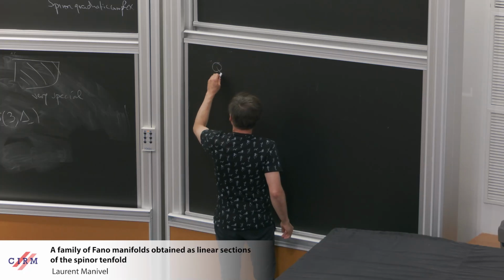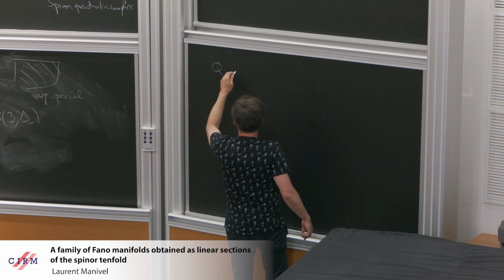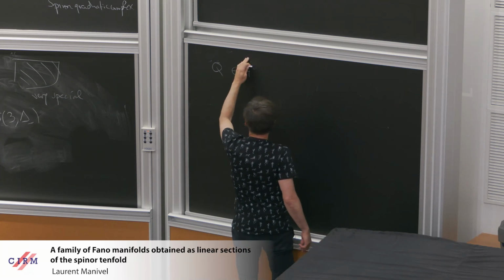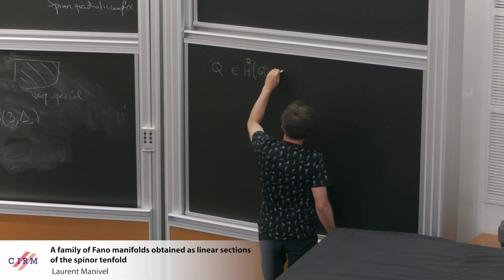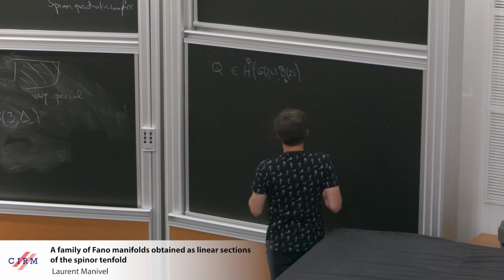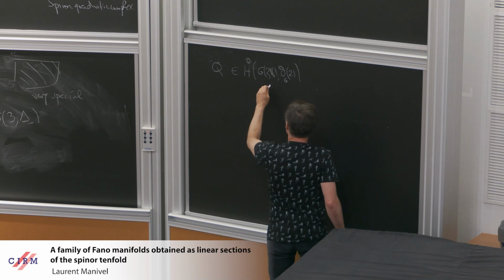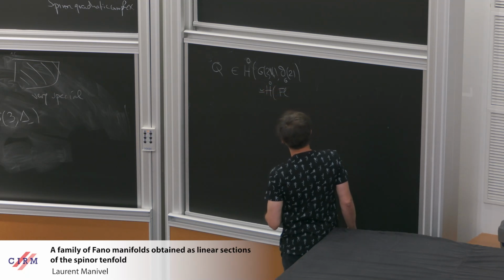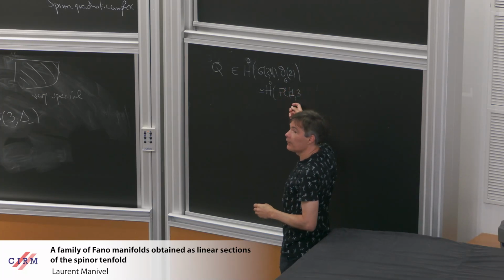If you look at Q, so that's a slight abuse of notation, this is an element of the linear system O(2) on the Grassmannian. But you can see that this is the same as the space of sections over the flag manifold. You take the flag manifold of lines and hyperplanes in V4.